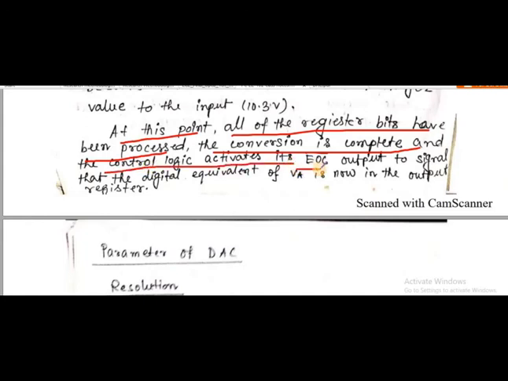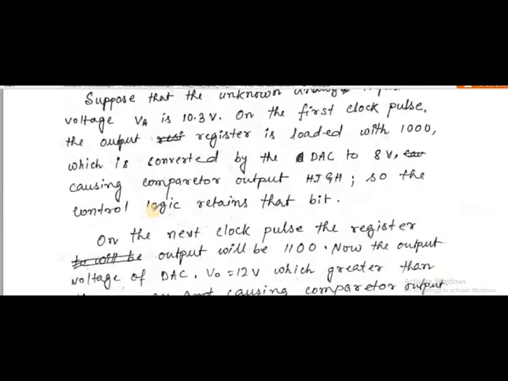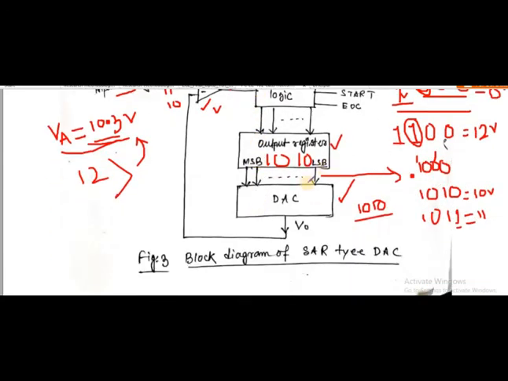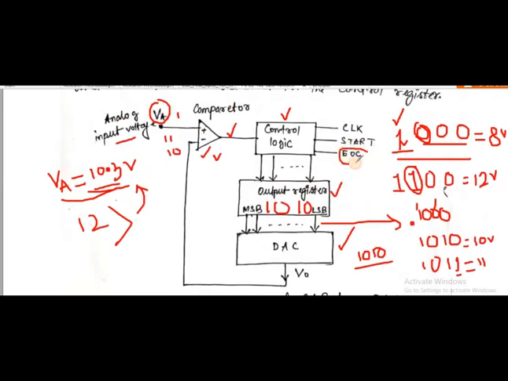EOC means end of conversion output, to signal that the digital equivalent of VA is now in the output register. So after the processing of all the bits, the EOC signal will activate, and that will indicate our conversion is done.